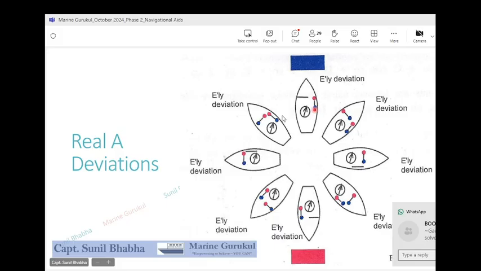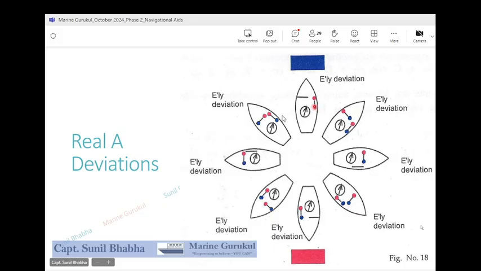Let us now understand the direction of the poles which are generated. We see the magnetic field lines are coming out from the red pole of the Earth and going into the blue pole. So these magnetic field lines will be entering the aft end of the longitudinal.